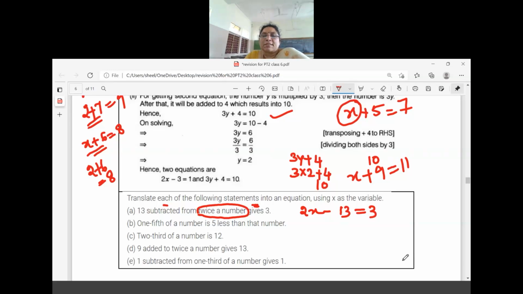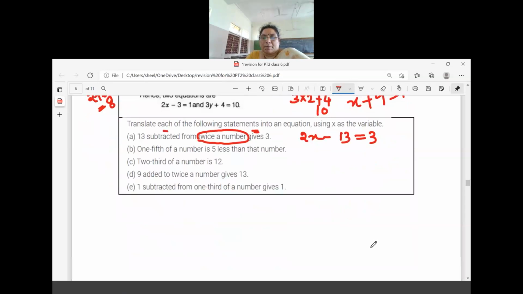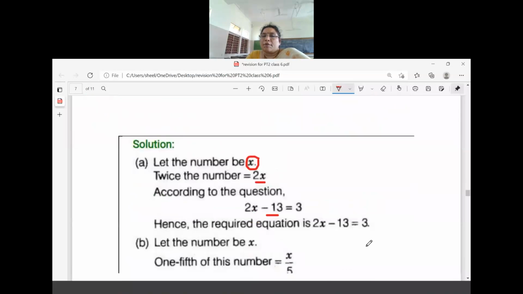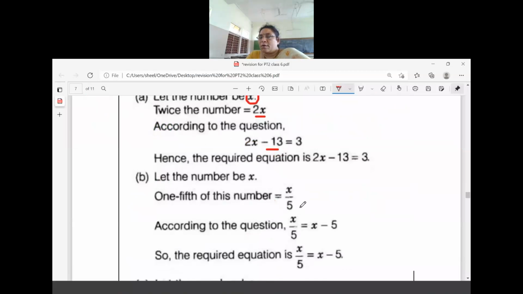Right? Now, what is the next sentence? 1/5 of a number is 5 less than that number. See that one. 1/5 of the number is x by 5, or we can say 1 by 5 into x is equal to 5 less than that number, x minus 5.